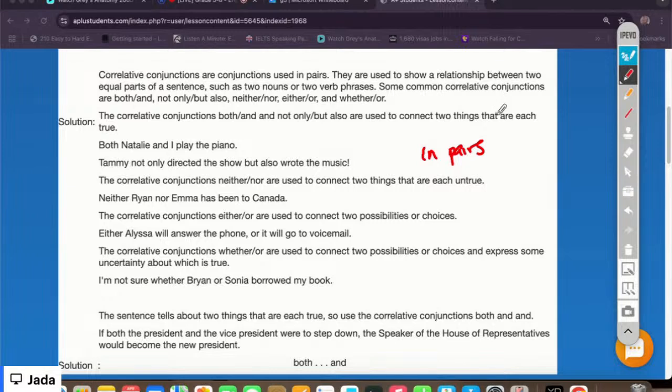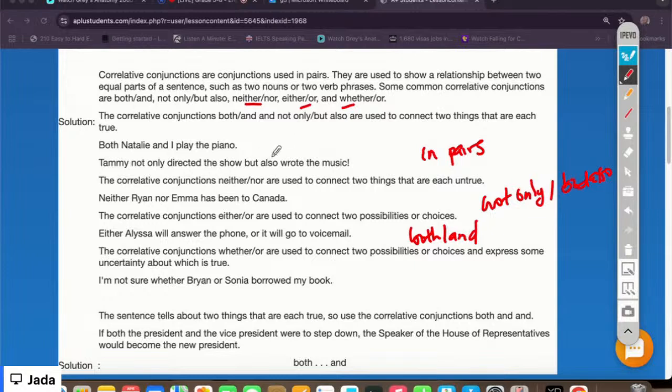Some common correlative conjunctions are both and, not only but also, neither nor, either or, and whether or. So these are common correlative conjunctions.